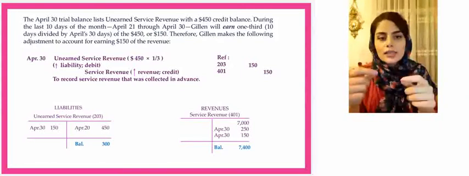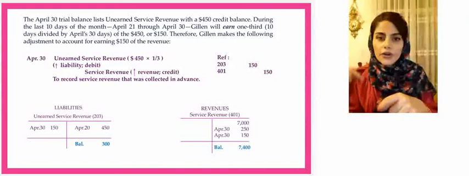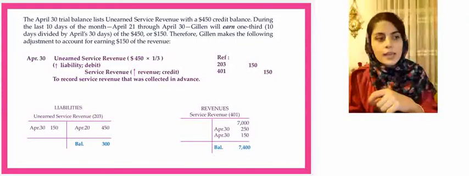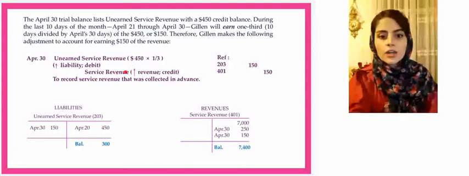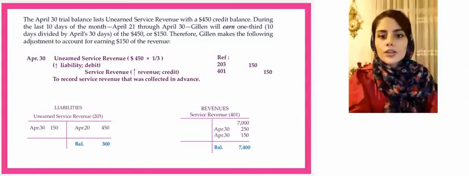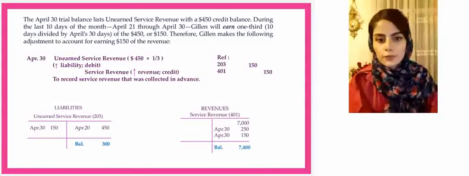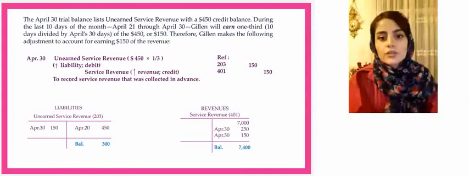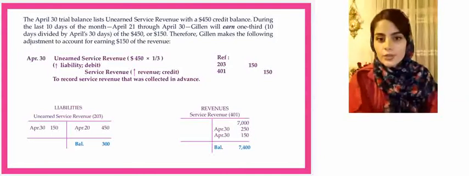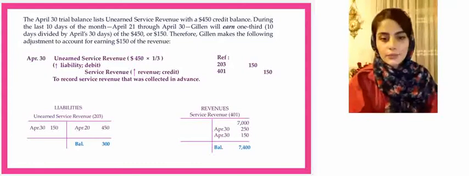So Gillen will earn one third, so the amount should be $150. As you can see here, unearned service revenue is debited $150 and service revenue is credited $150, to record service revenue that was collected in advance. And you can see their T accounts with their balances.